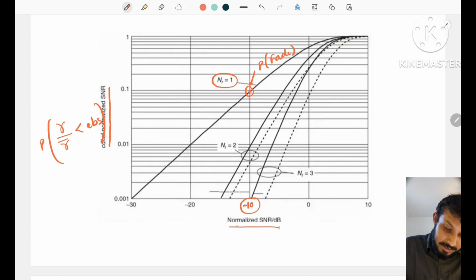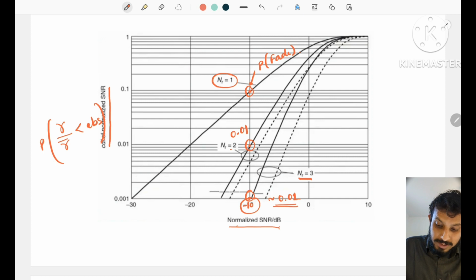Whereas when we increase the number of antennas, this probability has now reduced to 0.01. And if we further increase the number of antennas to 3, it will reduce further.